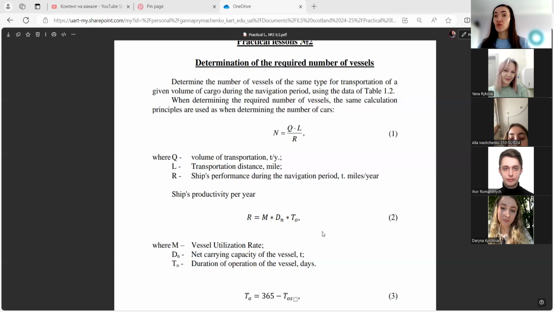So we need three vessels, for example. Please do it for your variants and write the result rounded in a larger direction. And write the answer, how many vessels we need. So we can write, we need, for example, 3 vessels, or 5 vessels, or however many you have in your decision.